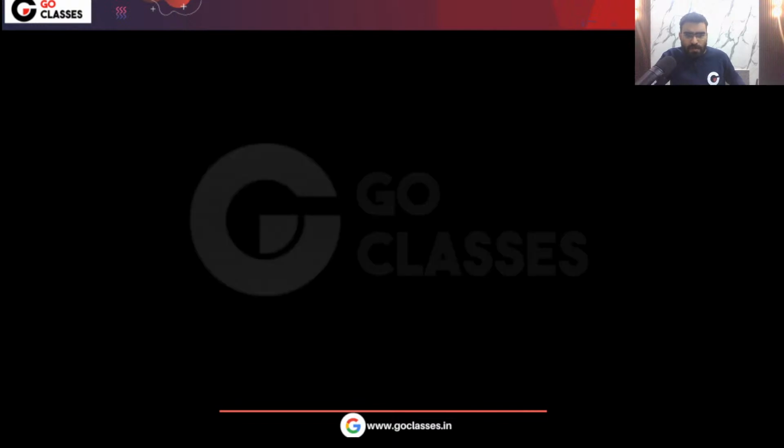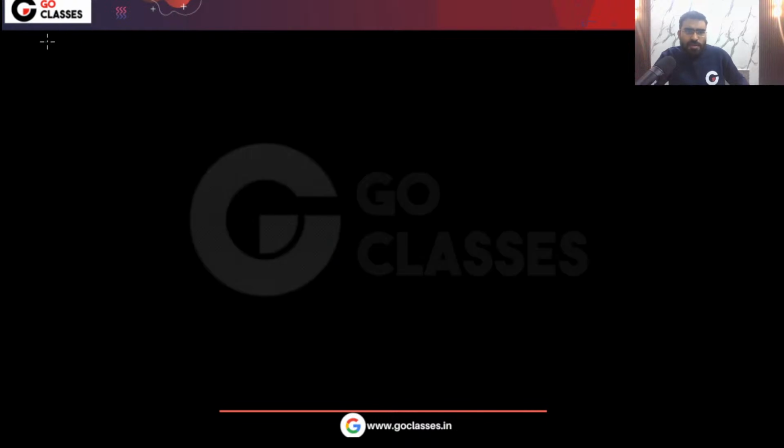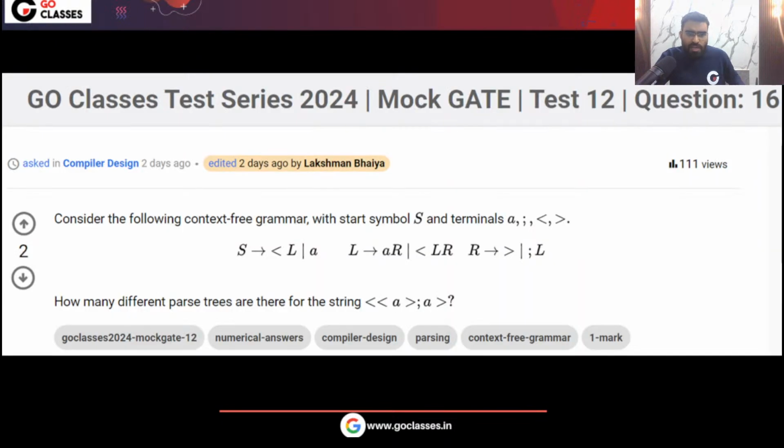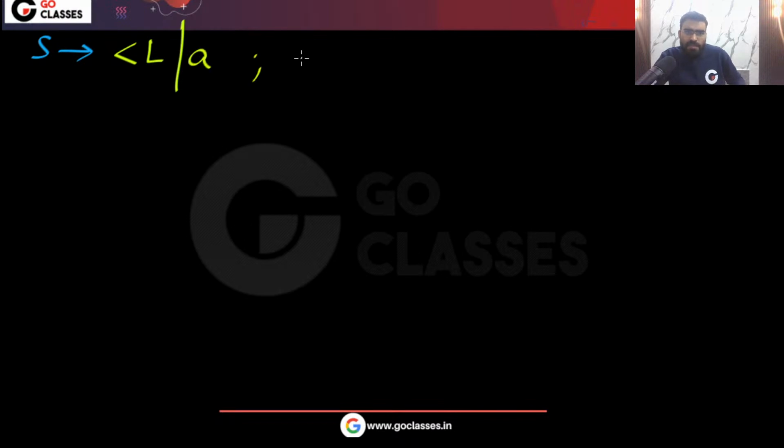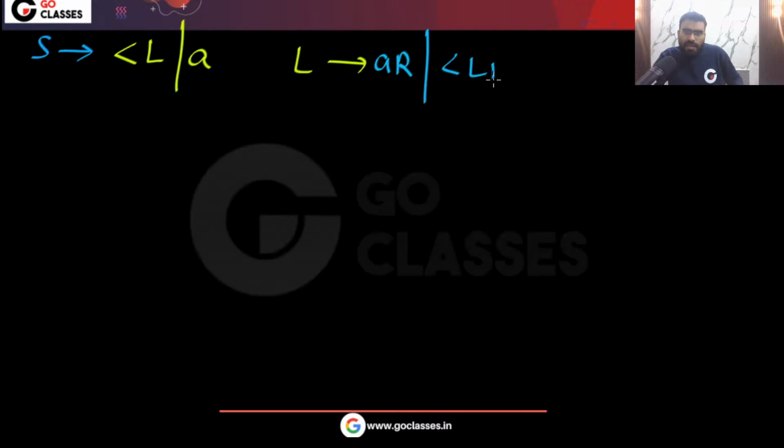So let's solve it. Let's parse this string. Let me first write the grammar. The grammar is basically: S, you can replace this start variable with less than L, or you can replace it with A. Similarly, this L you can replace with AR, or you can replace with less than LR.